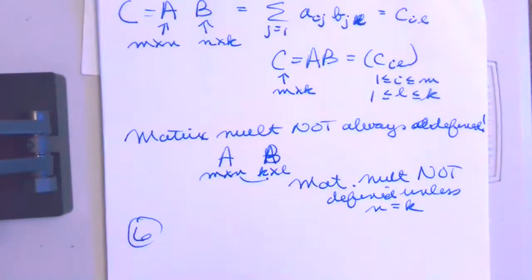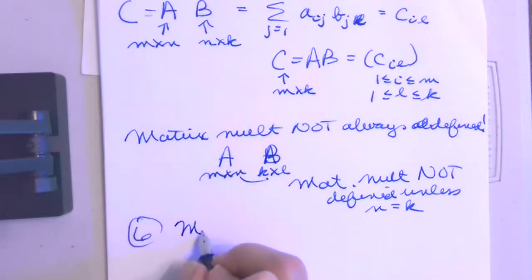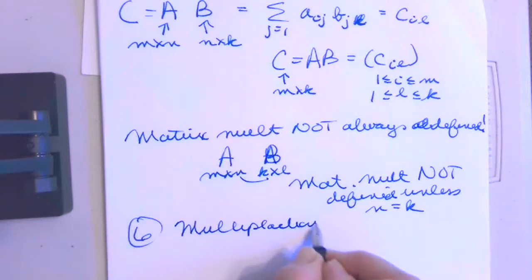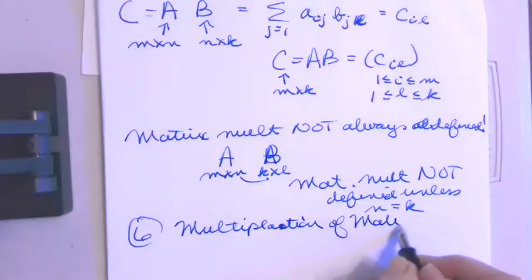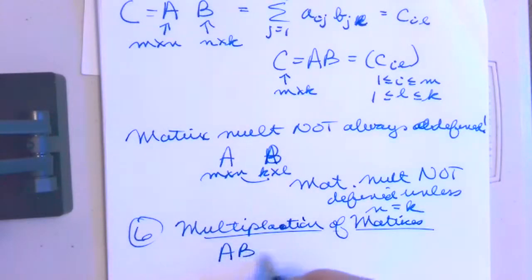Algebraic property 6 is what I mentioned. With matrix multiplication defined as we did above, you can multiply matrices, with AB defined as above.